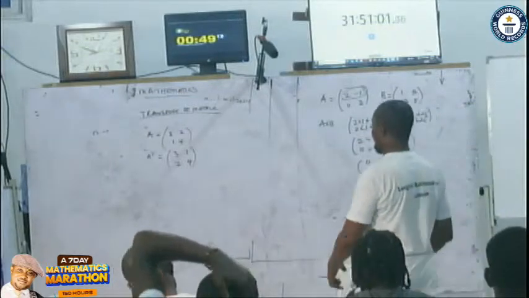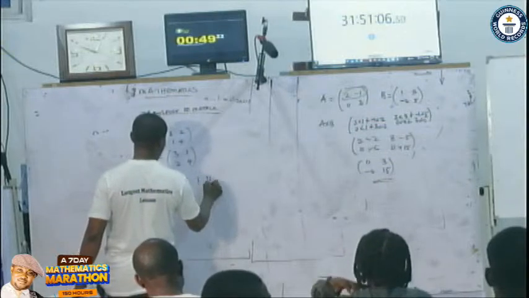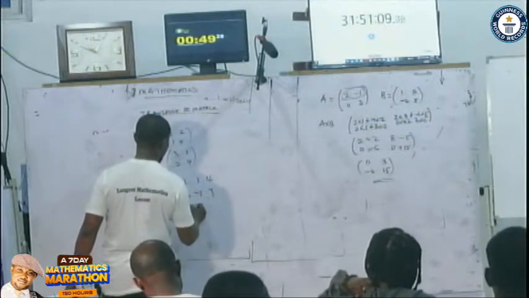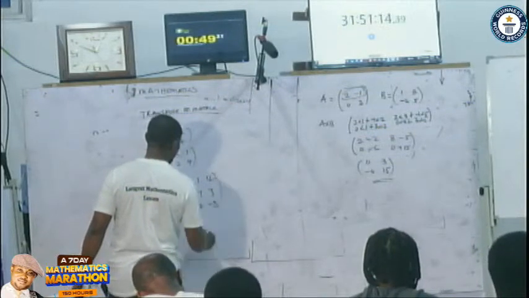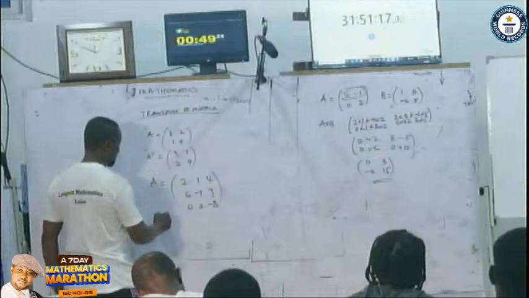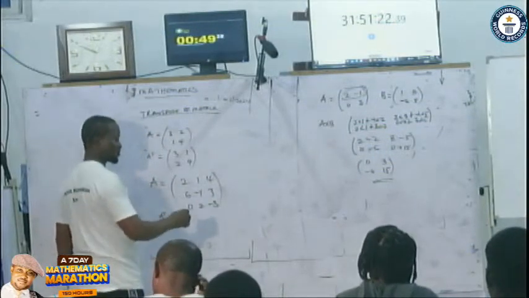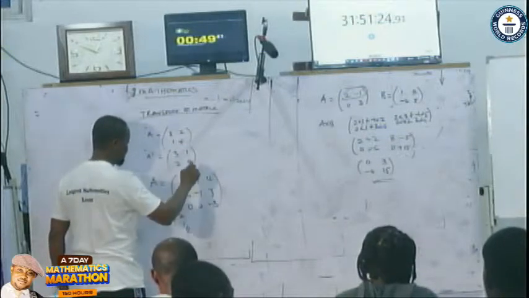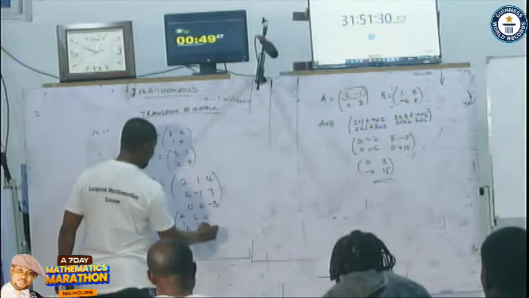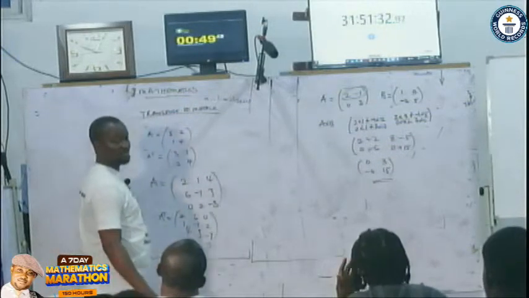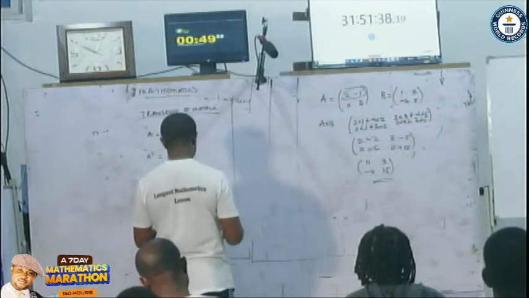So if I have my matrix A equal to 2, 1, 4, 6, minus 1, 3, 0, 2, minus 3, and you're asked to find A transpose, A transpose is just do what? 2, 1, 4. Have you seen that? 6, minus 1, 3, 0, 2. You understand what I mean? So that's what I mean by the transpose of a matrix.